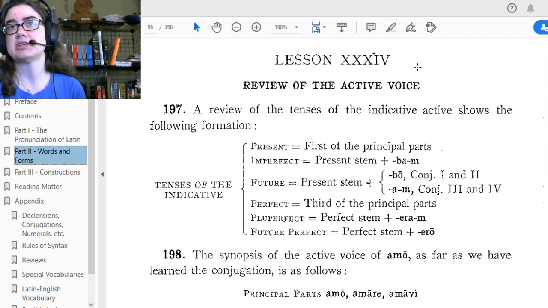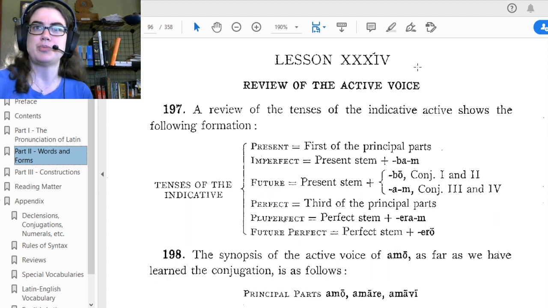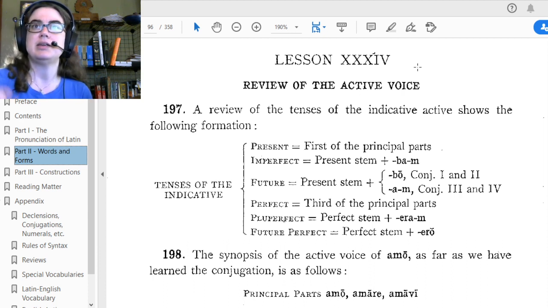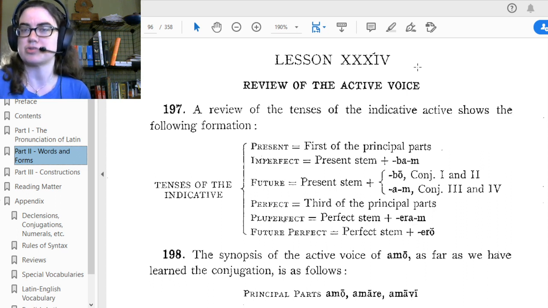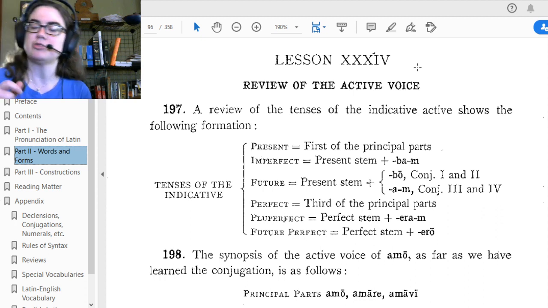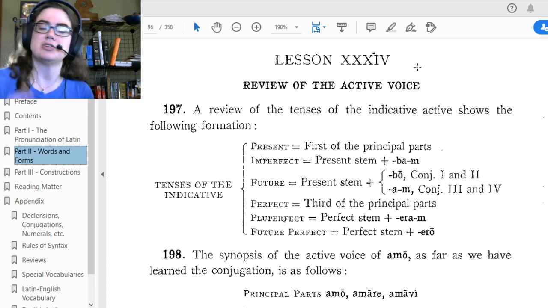For the perfect, you go to the third principal part, and then i, isti, it, imus, istis, erunt. For the pluperfect, you go to that perfect stem, that third principal part, remove the I to get the perfect stem, and then ERA, and then personal endings, m, s, t, mus, tis, nt. Future perfect: perfect stem, again, go to the third principal part, remove the I, ERI, and then personal endings, o, s, t, mus, tis, nt.